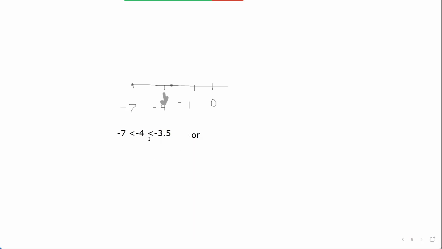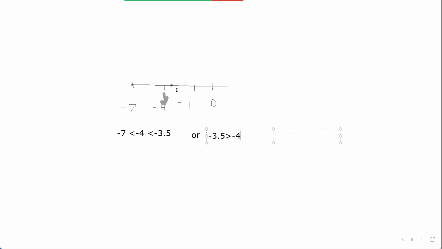If I read this going the other way, then I get -3.5 is greater than -4, because it's not as negative, is it? So -3.5 is actually larger because it's closer to 0, right?